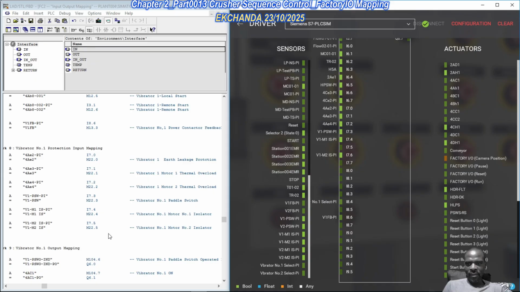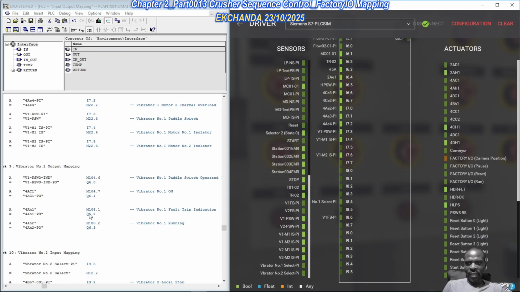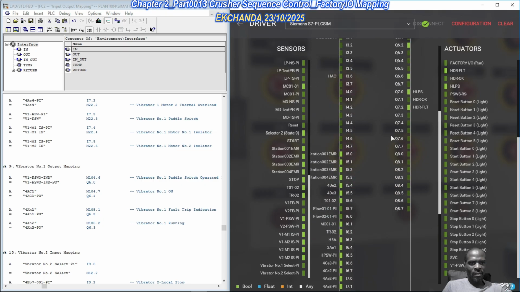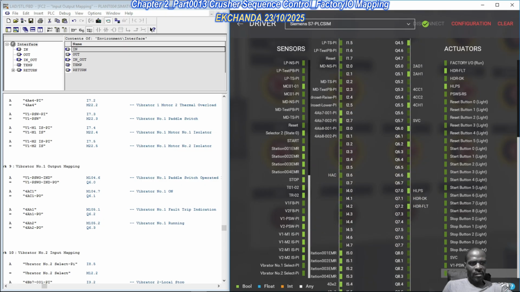Okay, and then for the output mapping for vibrator number 1, we have the vibrator 1 powder switch operated indication, which is mapped to Q6.0.